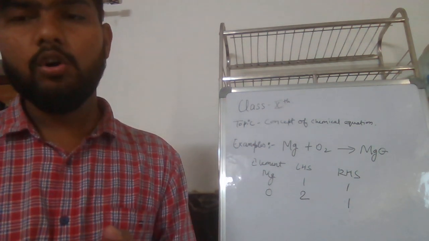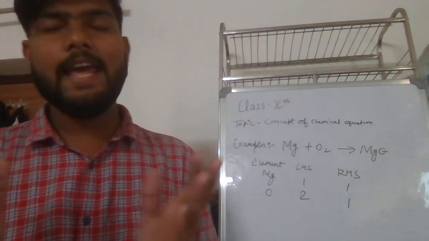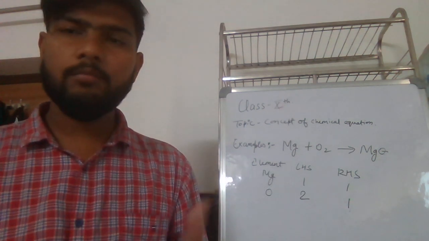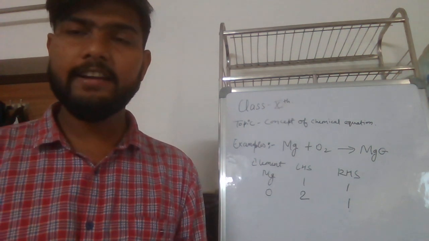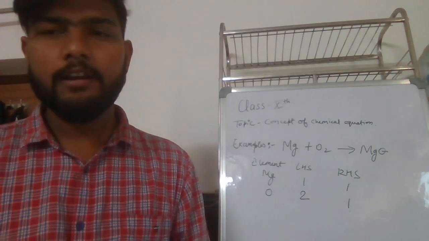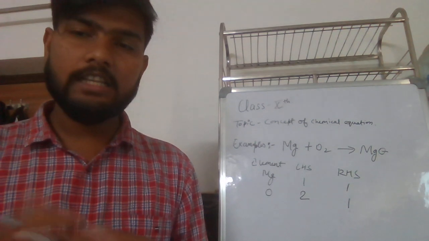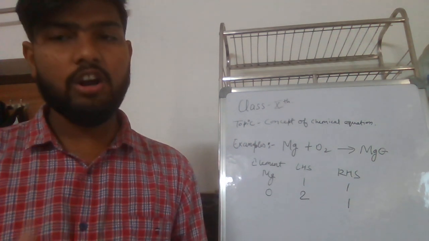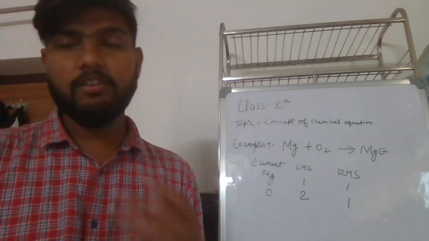I have one question for you: if the number of atoms of each element in the reactants is equal to the number of atoms of each element in the products, then the chemical equation is called an unbalanced chemical equation.